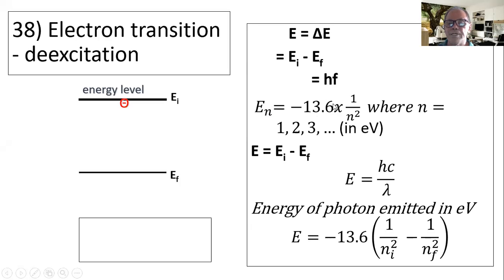We have 13.6 times 1 over ni squared, minus 1 over nf squared, the same equation, and you take the negative sign out. So that's our equation, the next equation that you need to memorize.